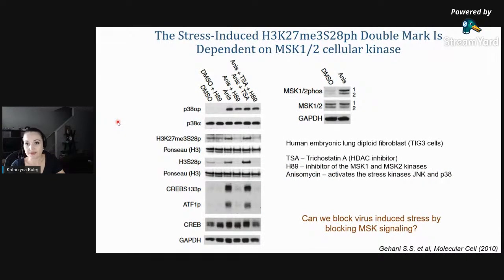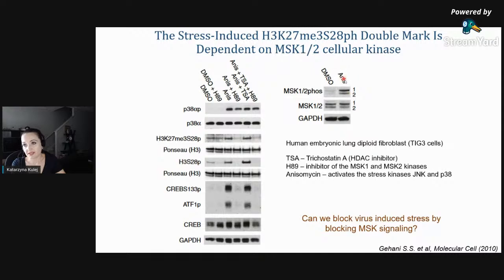A few years ago, there was a very nice study published by a group in Denmark, where they showed that this double mark is primarily dependent on MSK kinase. And they used anisomycin, which induces cell stress, to show that the double K27 trimethyl S28 is increasing in stressed cells, and when they used the H89 inhibitor, which is an inhibitor of the MAP kinase pathway, they could see that it decreased.